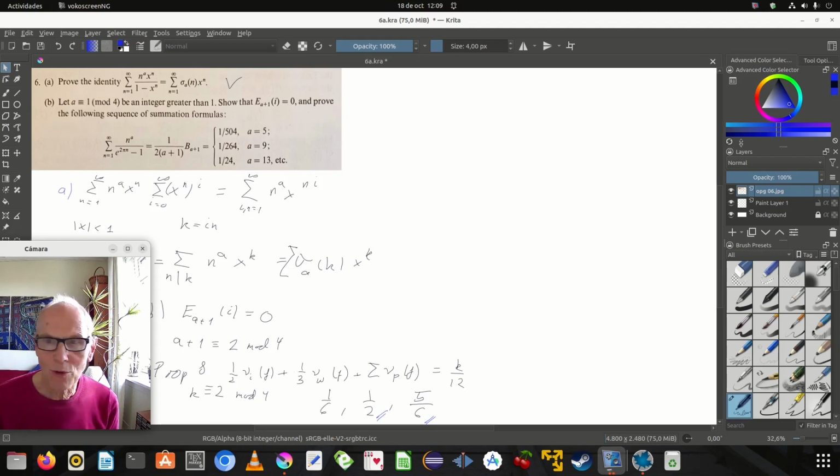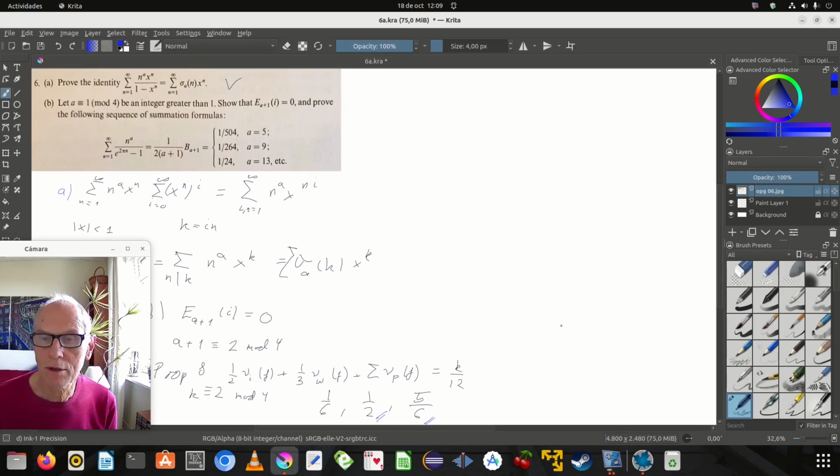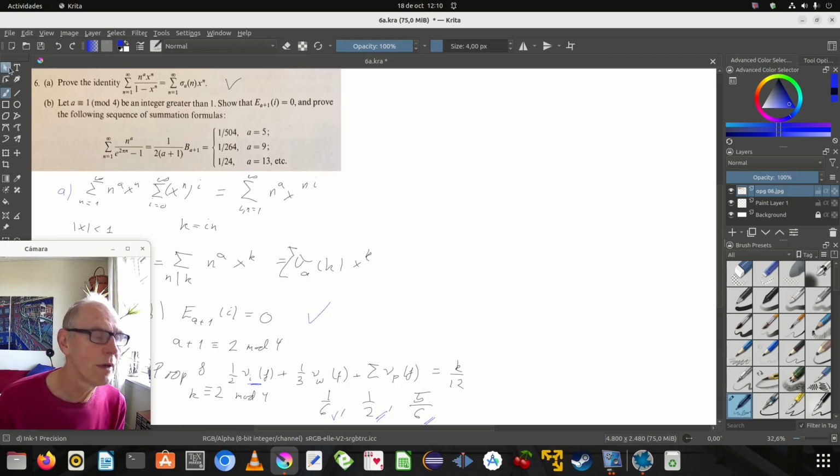So in all the cases, this one as well. Oopsie. We will have a root, in this case a double root, at i, and therefore this holds. So that was an application of proposition 8. I was just not able to do the technical details.